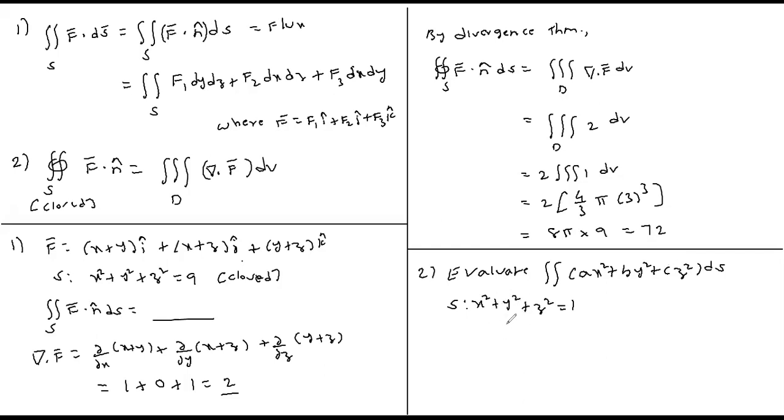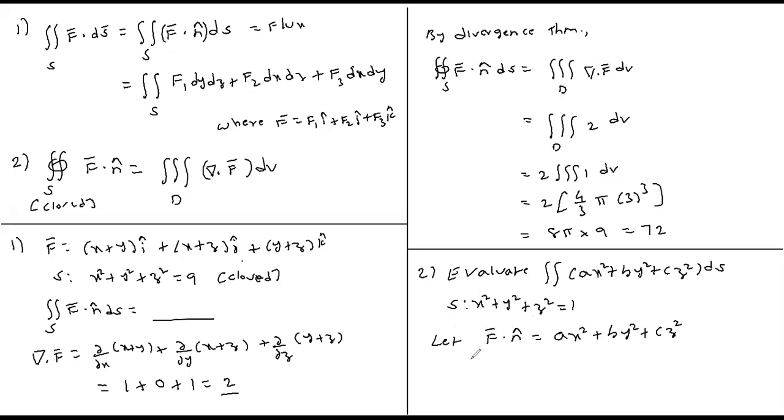But the only thing is we don't know what f bar is. So to find f bar, let us find the unit normal vector. What I'm trying to say is assume that the integrand in the form f bar dot n bar is ax square plus by square plus cz square, try to find n bar, and then using n bar and the right hand side you find f bar.